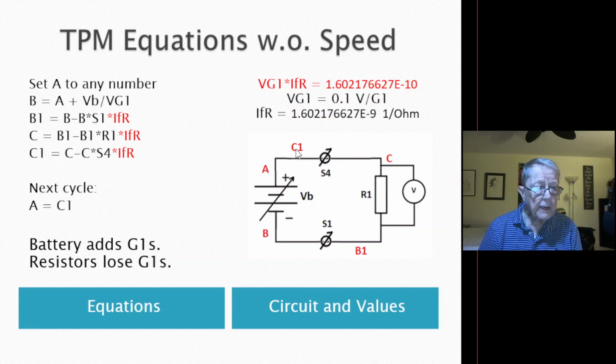And when you finally get C1 at the end, you start the next cycle in your spreadsheet by setting the value of A to the previous C1. In the TPM model, the battery adds G1s and the resistors lose. As a consequence, the number of G1s flowing around this way should be higher here, fewer here, and that changes the current. It doesn't make it the same all the way around. That's the prediction of the particle model.